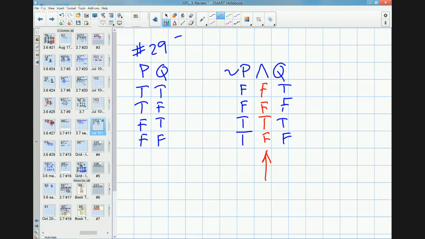As long as we're on 3.2, anybody have anything you want to talk about? Okay, let's open it up to anything now. Anything at all. I mean, not personal problems, but let's stick with math.